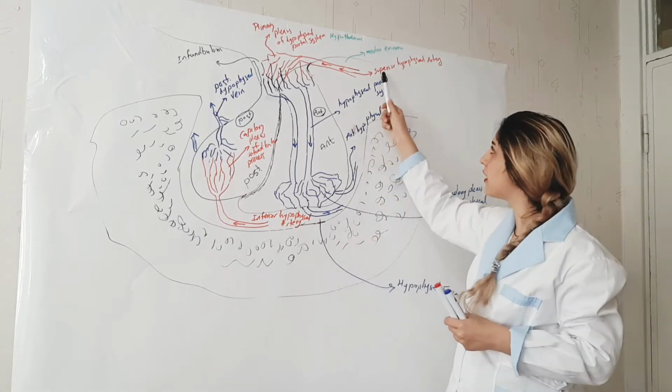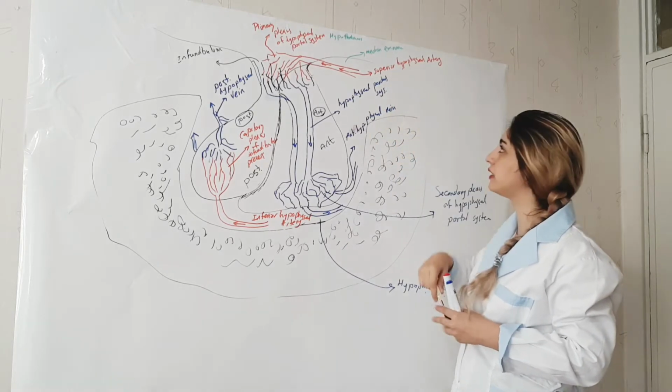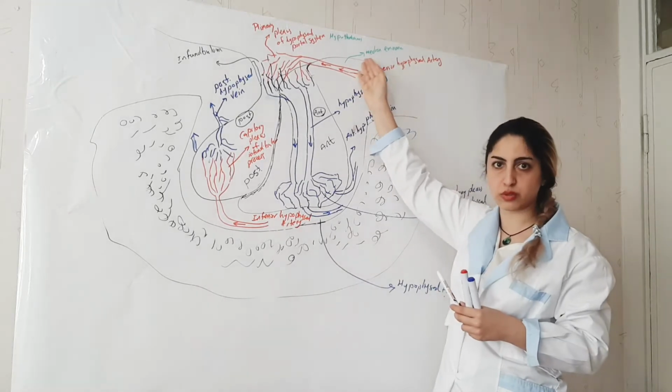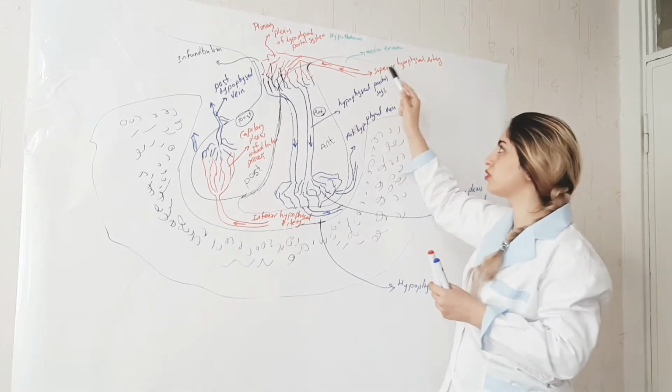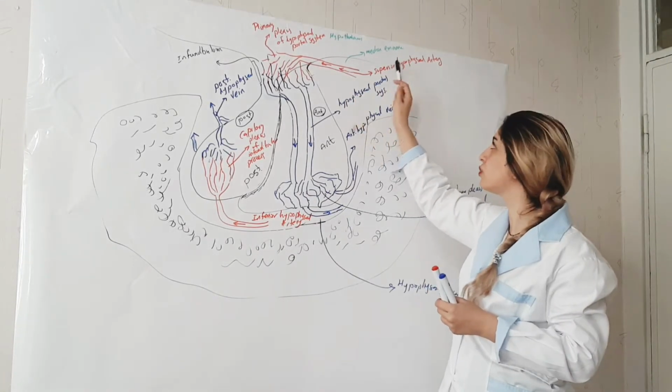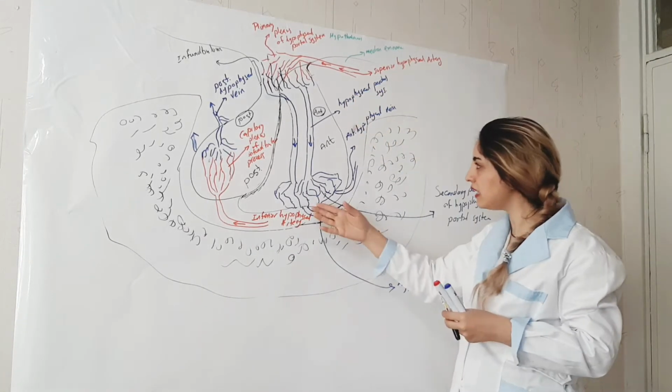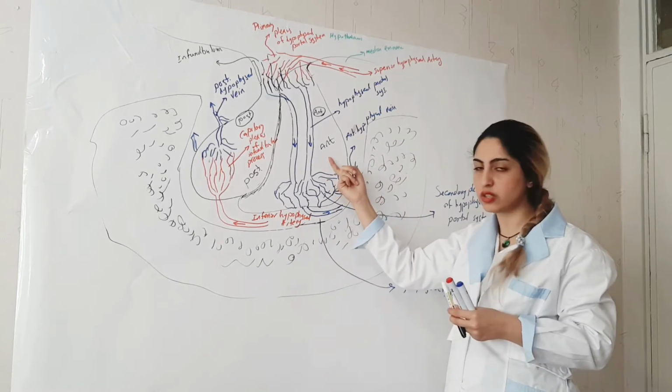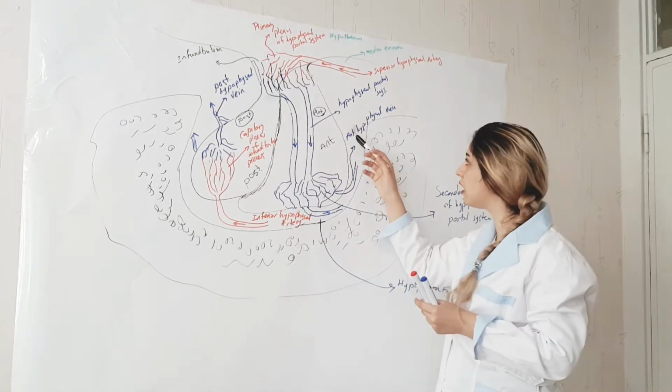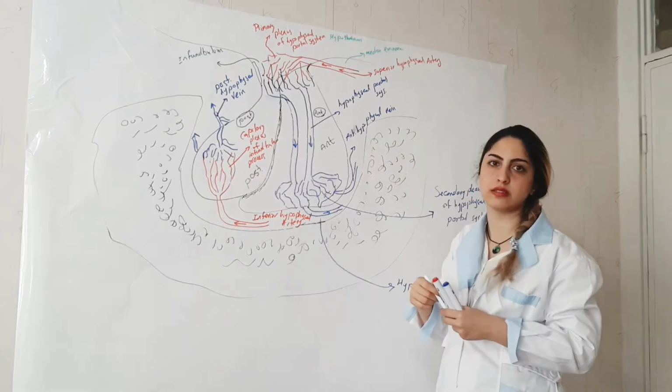Here I have the superior hypophyseal artery, the superior part, and this is the artery too. Here is the anterior pituitary gland, and this is the anterior hypophyseal vein.